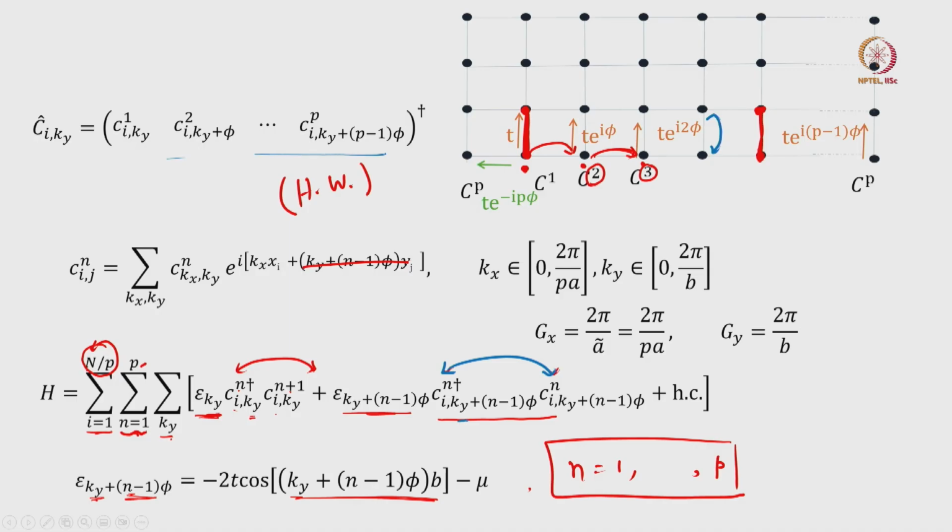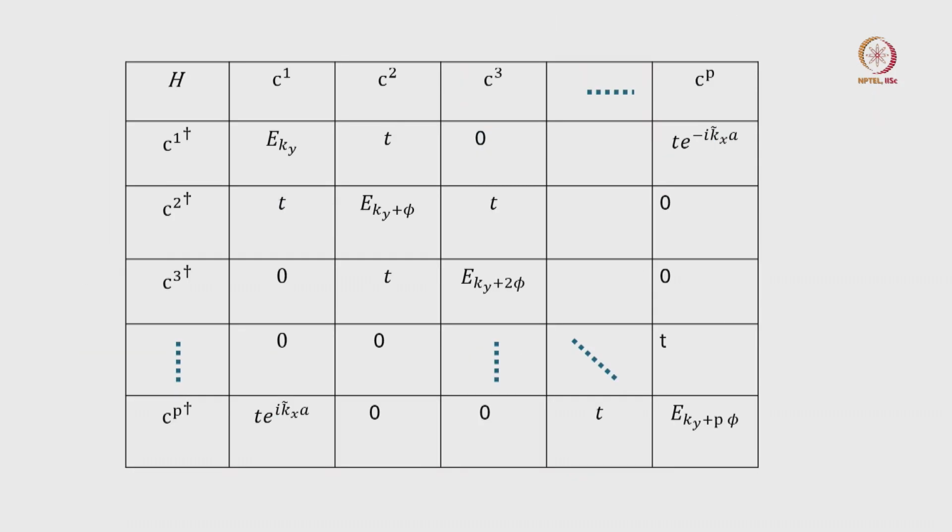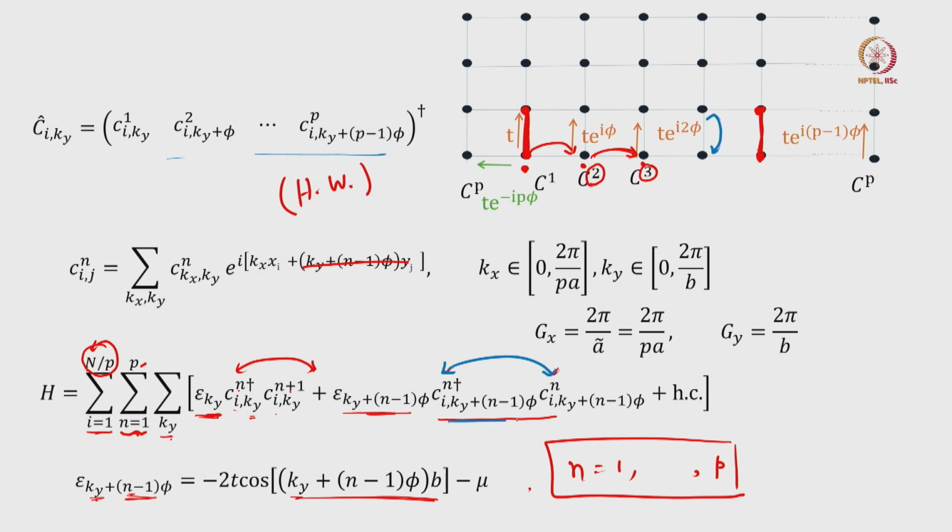So, we will have a p by p matrix per magnetic unit cell, or p orbital. So, it is a p by p orbital Hamiltonian, and this is what we wrote. C1 all the way to Cp and this way. So, these are the diagonal terms that come from this term.